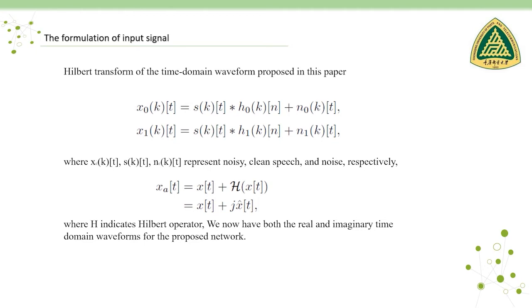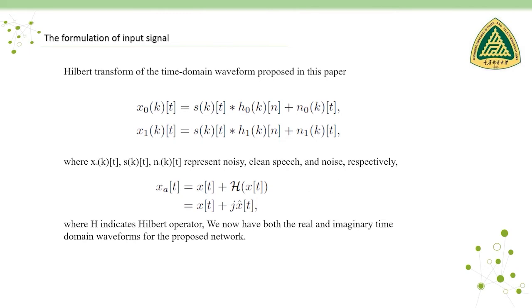The Hilbert transform of the time domain signal is proposed in this paper, and x tilde and x represent the two channels respectively, where x_k(t), s_k(t), and n_k(t) represent noisy speech, clean speech, and noise, respectively.